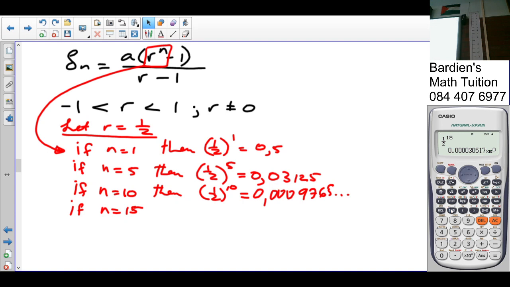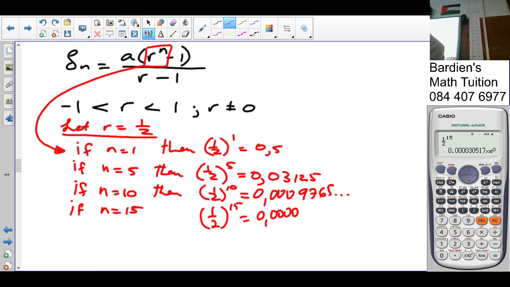So that's 0 comma, there are 4 zeros now, no? So half to the 15 is 0 comma 0 0 0 0 3 0 7 and the number carries on.